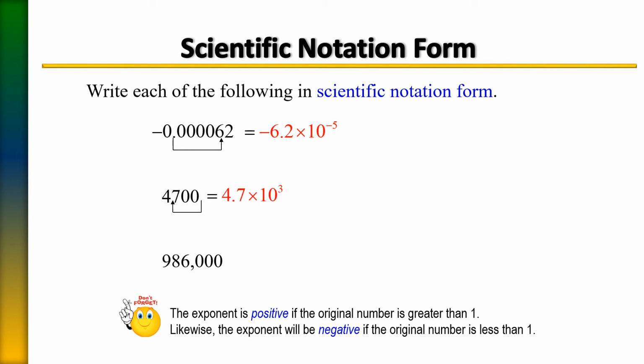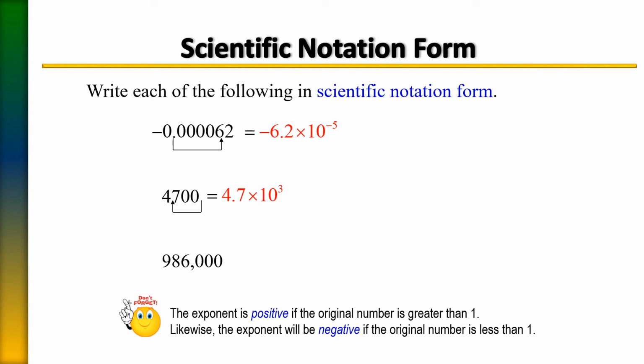Last example, we want to get this to where it's a number between 1 but less than 10. So we're going to move over. Let's see. 1, 2, 3, 4, 5. So that's going to be 9.86. Let's drop all those zeros. Times 10 to the, and is that going to be a positive or a negative 10 base power?